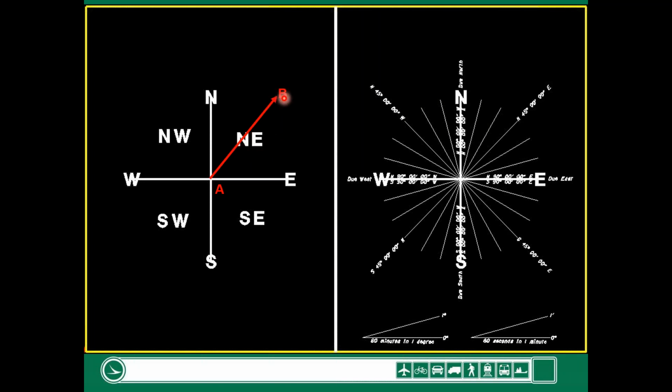If I got to point B and then needed to go back to A, on this orange line going in this direction, now I'm going southeast, but I'm still going at an angle of 45 degrees, because half of 90 is 45 degrees. So it's really about the direction, okay?